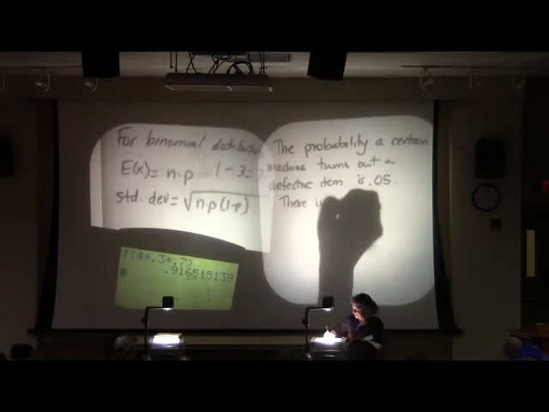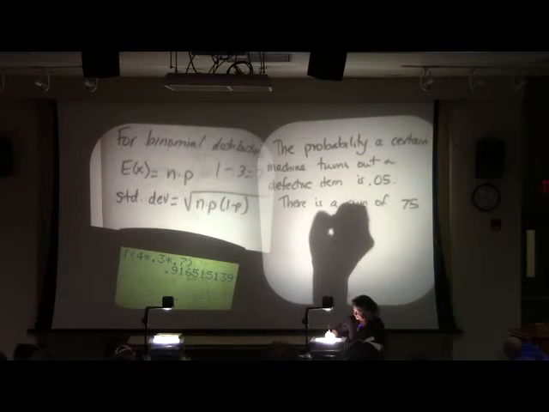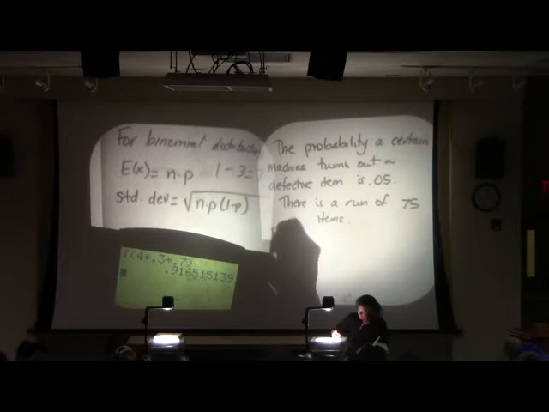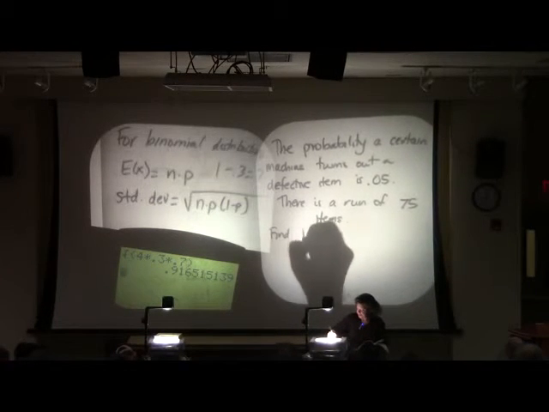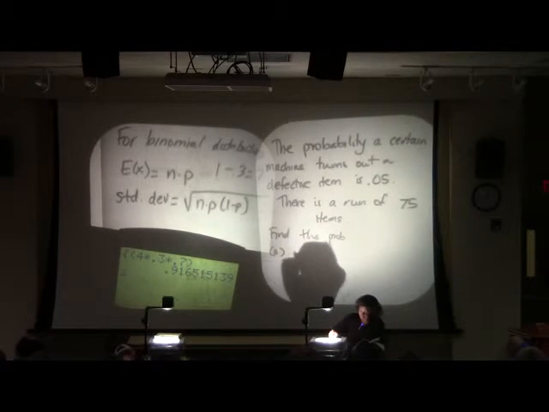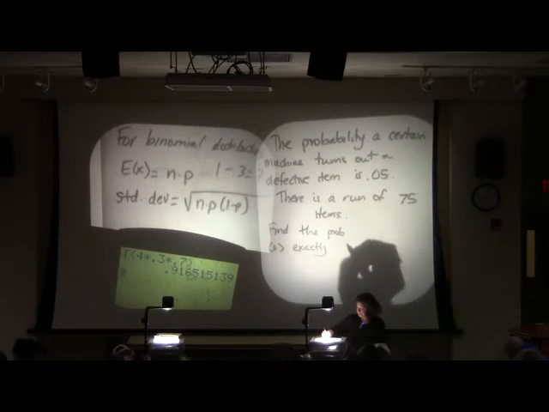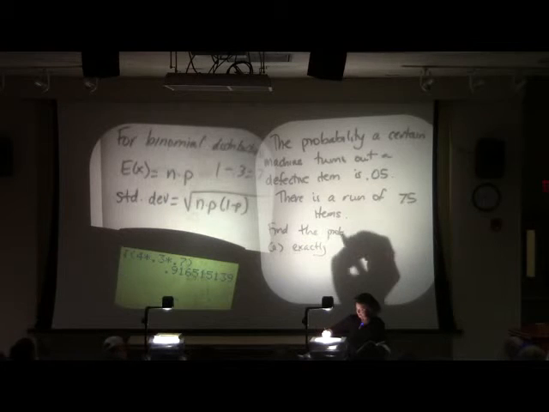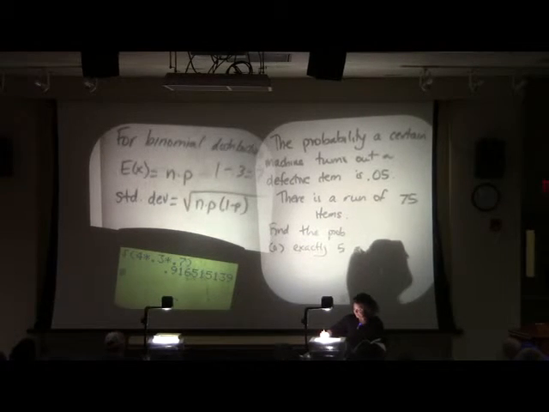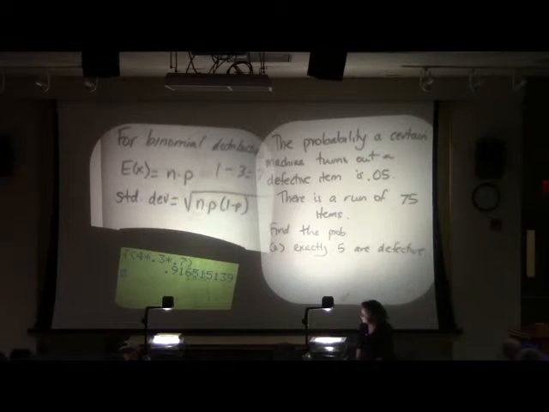Suppose there is a run of 75 items. Let's find the probability that exactly 5 are defective. This problem is going to be the last one for the day.